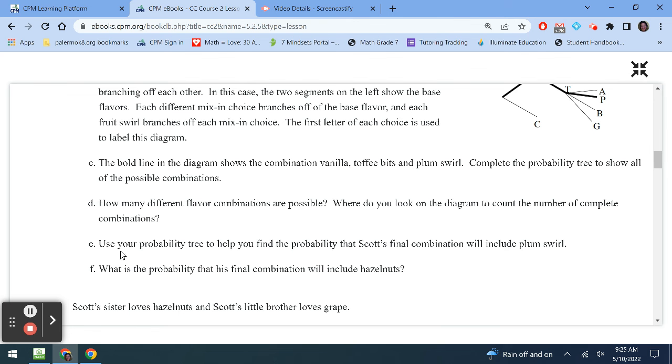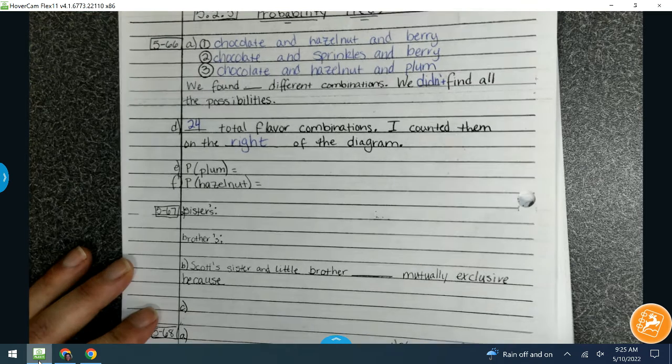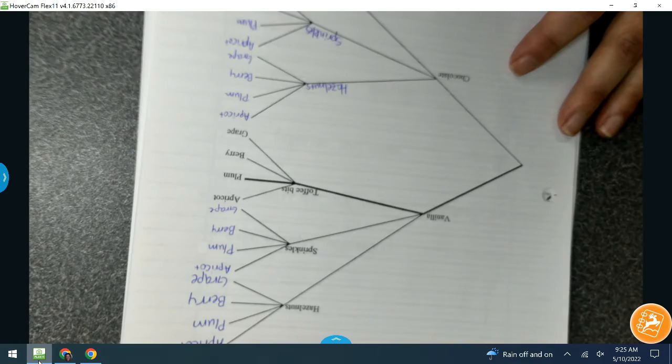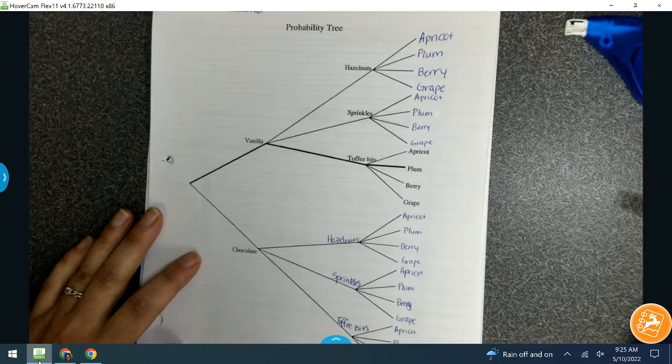Looking at the next one, it says, use your probability tree to help you find the probability Scott's final combination will include plum swirl. So we're going to go back to our probability tree, and I will back out so that we can see that. Oops, that's the wrong button.